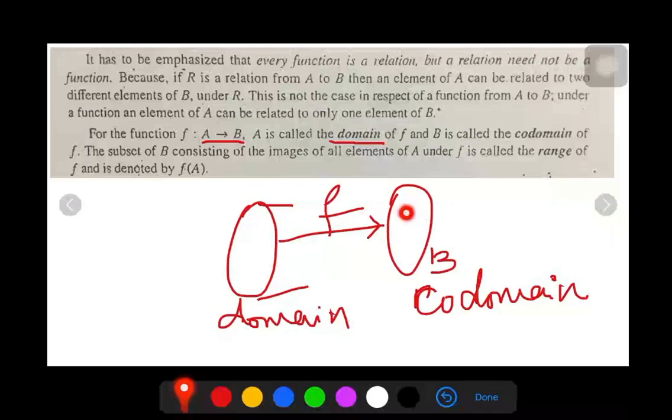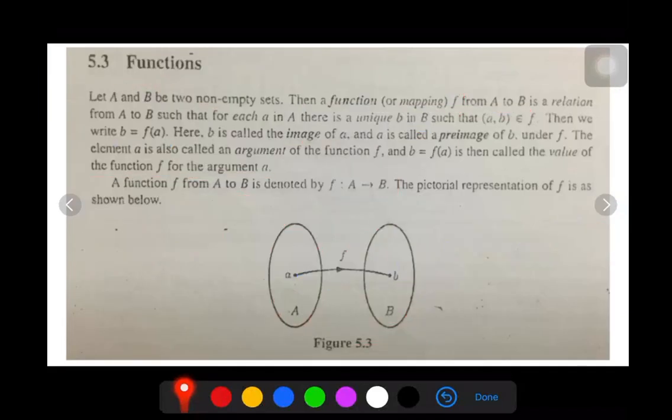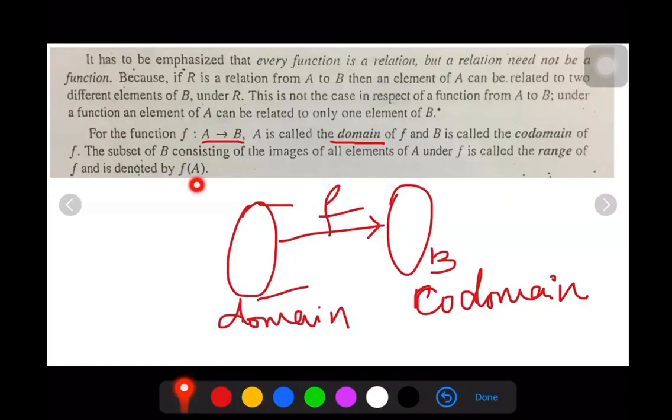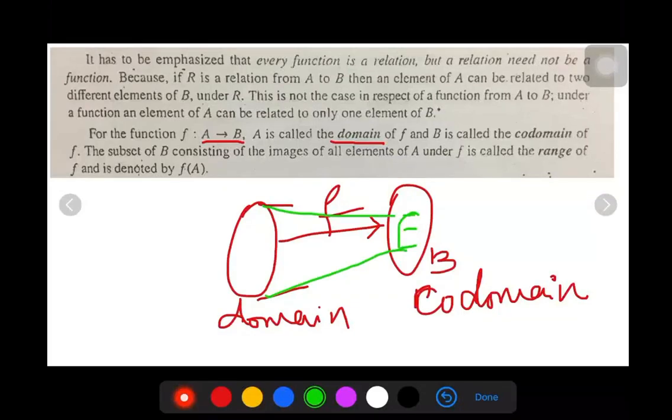That depends on B. So the codomain of F, and the range of F, which is denoted F of A. Say, for example, there are elements here which got mapped to this. In that case, this is a subset of B. Only for the subset are all the elements mapped, as a range of F.